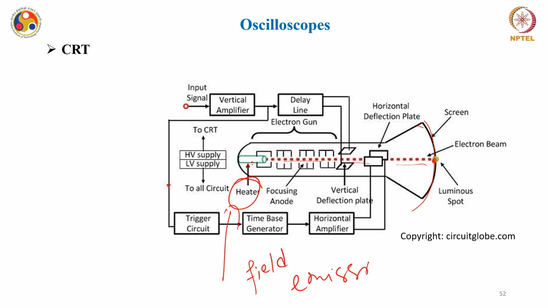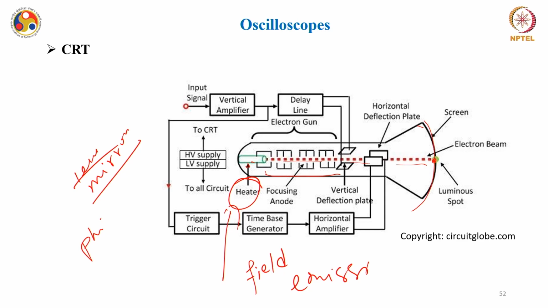So this is generated, and then you have a lens system to focus it. Similar to optical rays, say photons, which can be deflected by a lens system or a mirror system, this electron beam cannot be deflected by a simple lens and mirror system. For them you need an electromagnetic lens system.